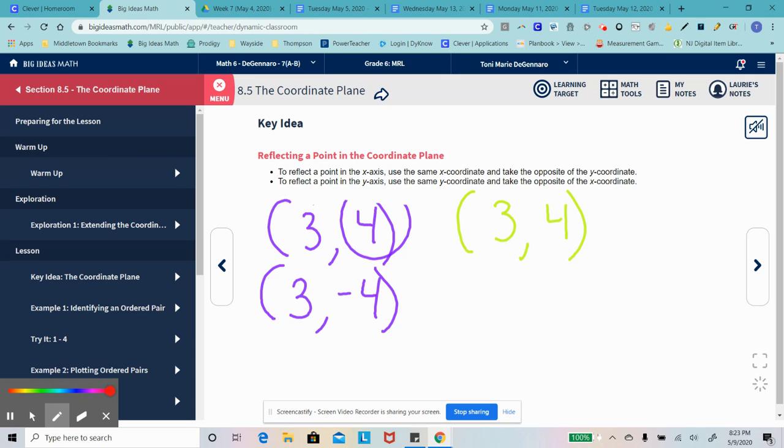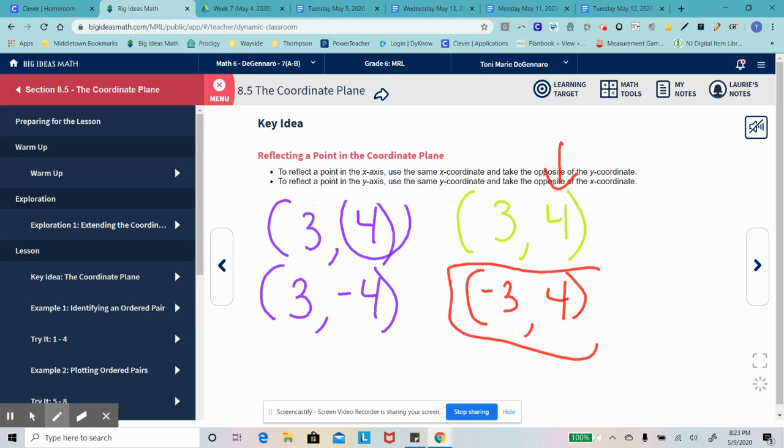It says use the same y-coordinate, so this stays the same. There's my ordered pair, and my y-coordinate stays the same, but it says to take the opposite of the x-coordinate. So this 3 is now going to be a -3. This is your answer for the second bullet, and that is your answer for the first bullet.